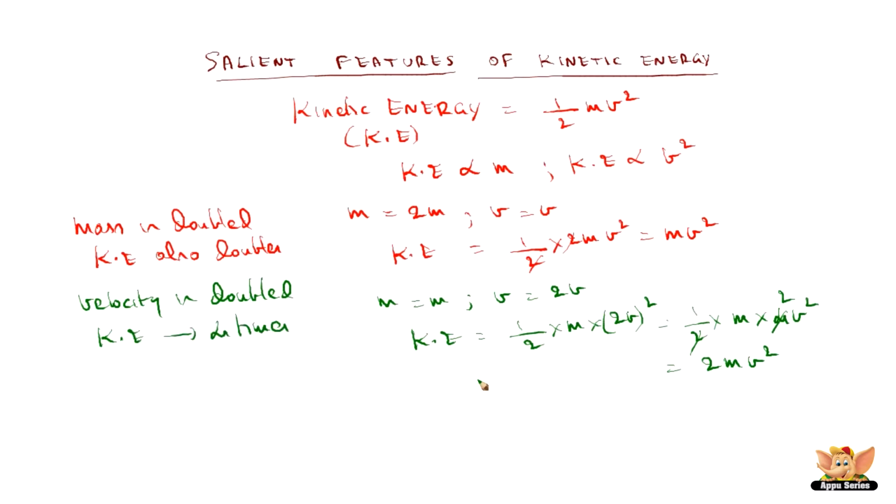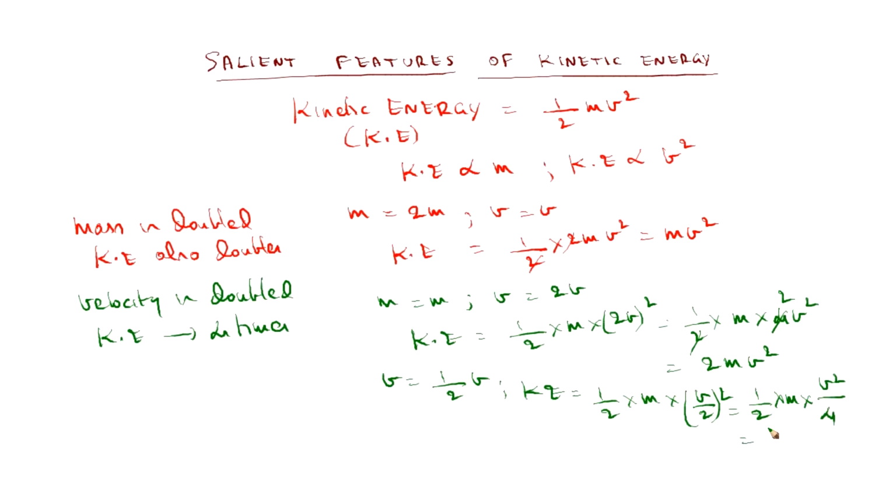If the velocity is halved, that is, if velocity becomes v by 2, then what will happen? Kinetic energy becomes half m into v by 2 whole square, which is half m into v square by 4.